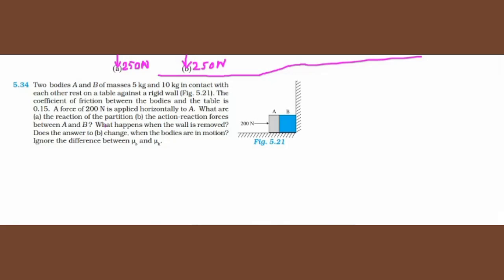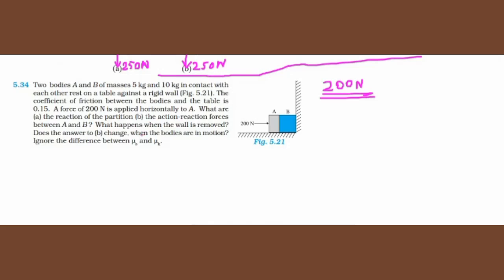There is nothing for the friction. So action, reaction, everything will be 200 Newton only. All these answers you will get 200 Newton for answer to A and answer to B.